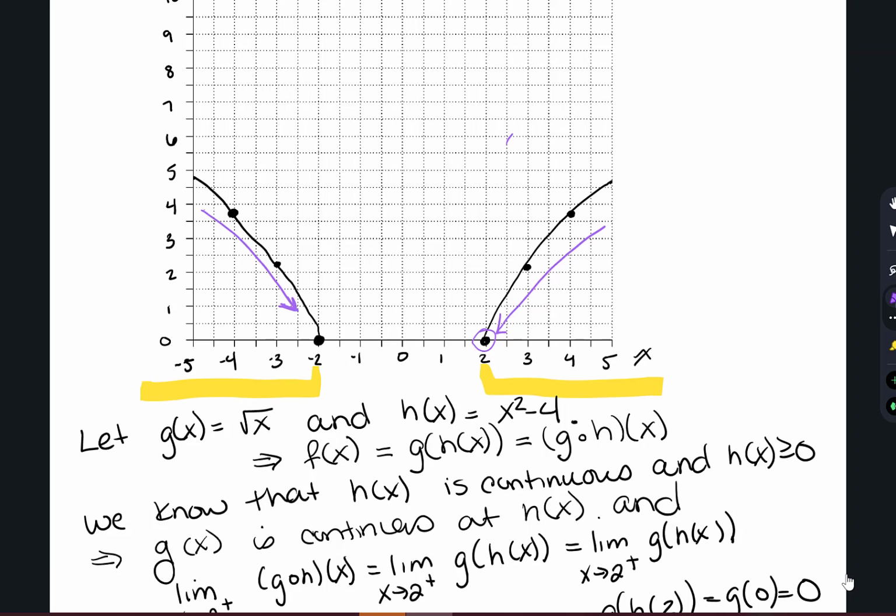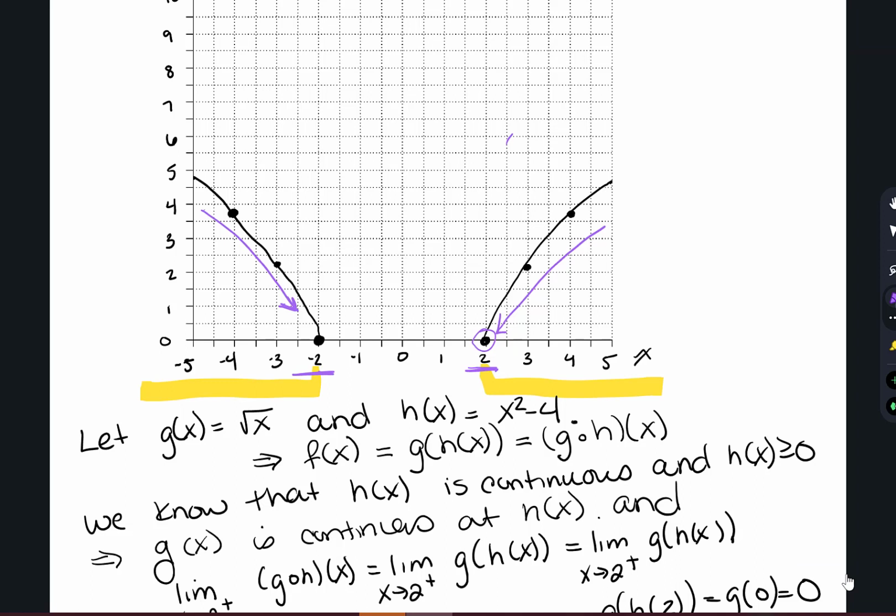Right, as x is approaching -2, the function is approaching 0, and the function evaluated at -2 is equal to 0. So this is an example of a function that is right and left continuous at x equal to 2 and -2, but is not continuous at x equal to 2 or x equal to -2.